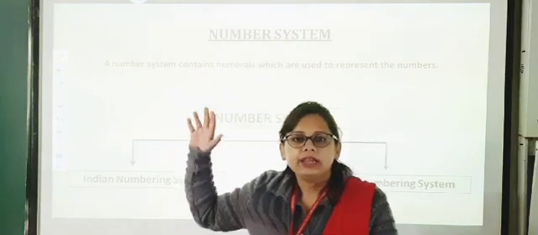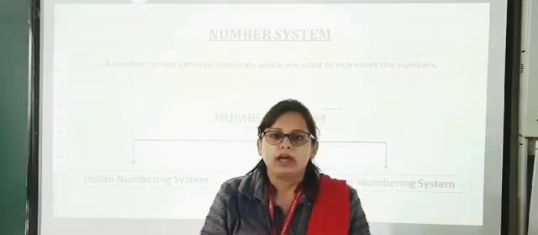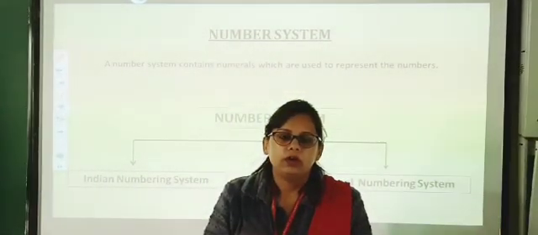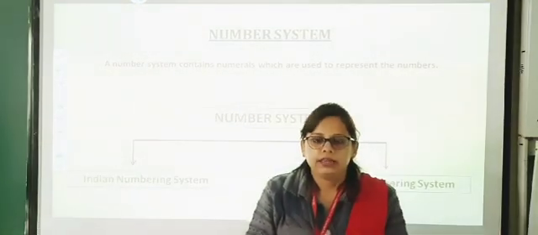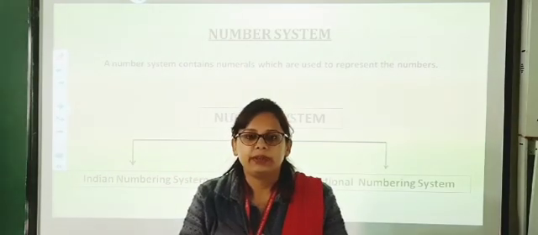So children, as you can see, we are going to study about the number system. So what is a number system? A number system contains numerals used to represent numbers.